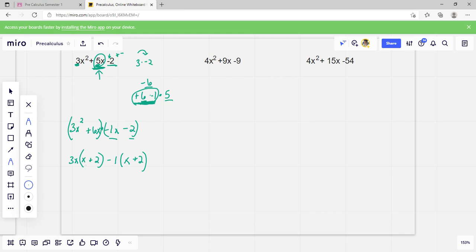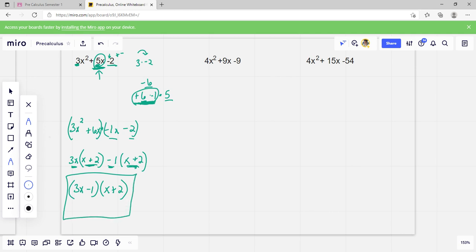Now, notice that this and this are the same. The ones in parentheses should be the same. So then all I have to do is rewrite it as 3x, there's that, minus 1, there's that. Okay, that makes our first one. And then our next one is going to be whatever we have here, which is x plus 2. And that's how you factor one that does not have a leading coefficient of 1.